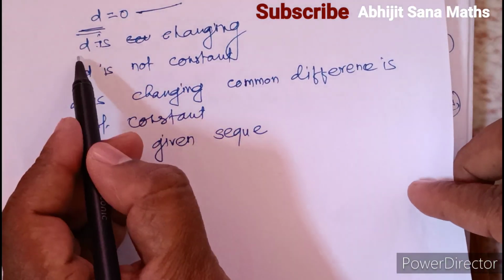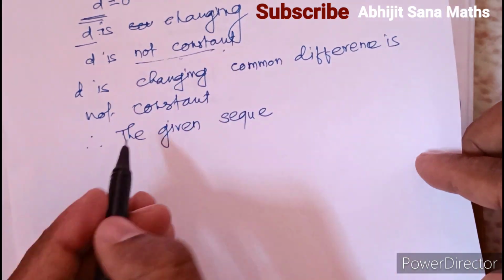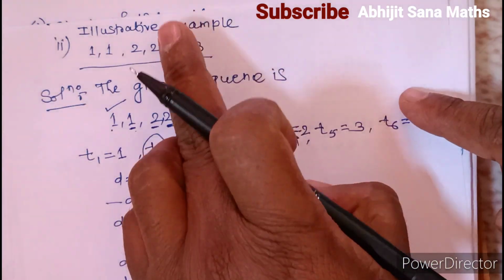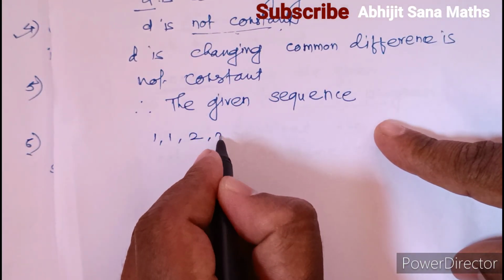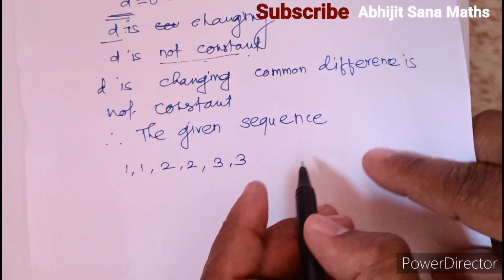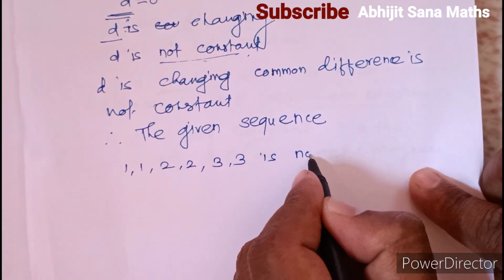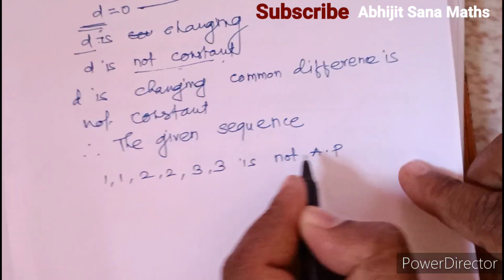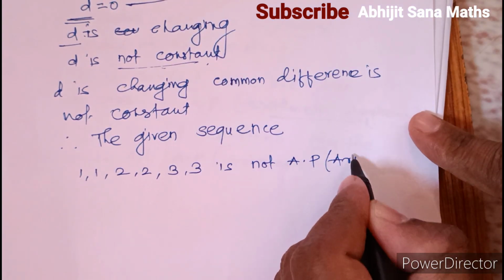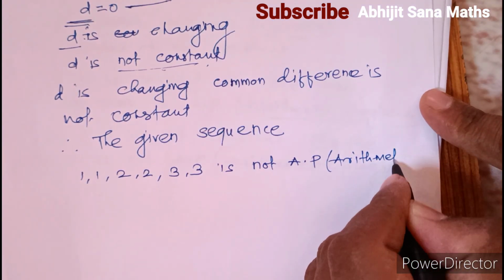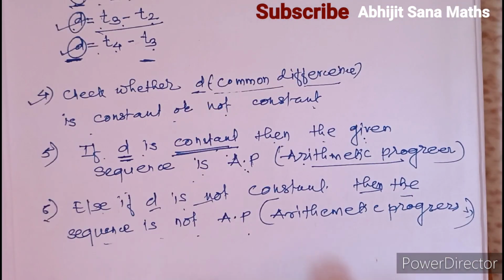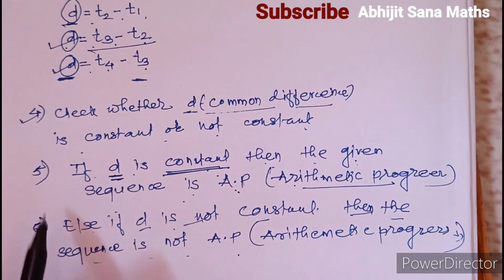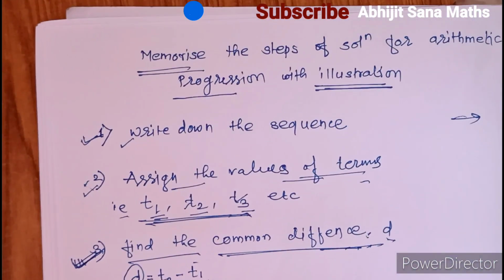Here we get that D is not constant, therefore this given sequence, that is 1, 1, 2, 2, 3, 3, is not AP. AP means arithmetic progression.